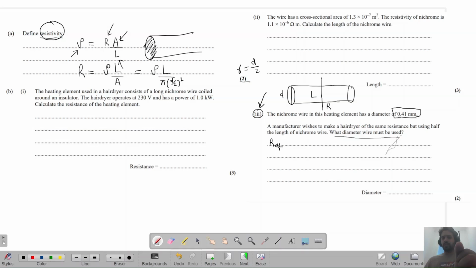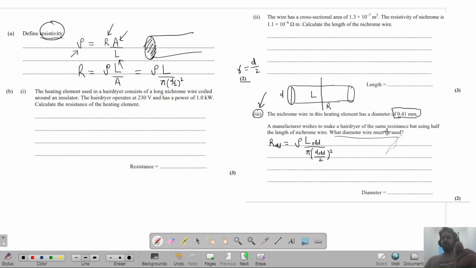R old is equal to rho, that is resistivity of the wire, length old divided by area old, but area, as I've already explained, is pi d divided by 2. So I will write pi d old divided by 2 whole squared. So this is basically pi r squared.